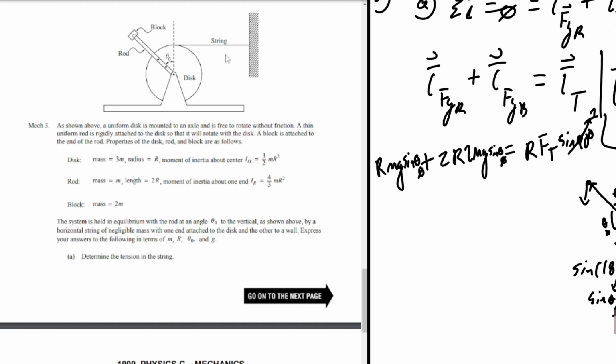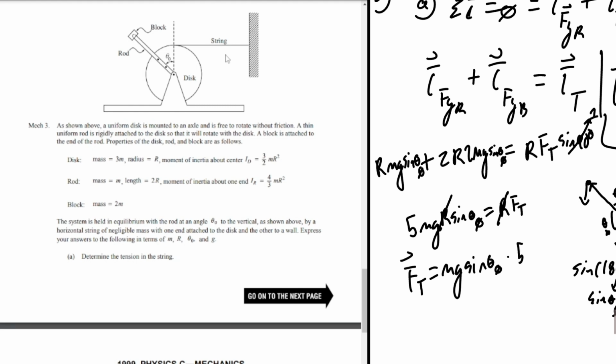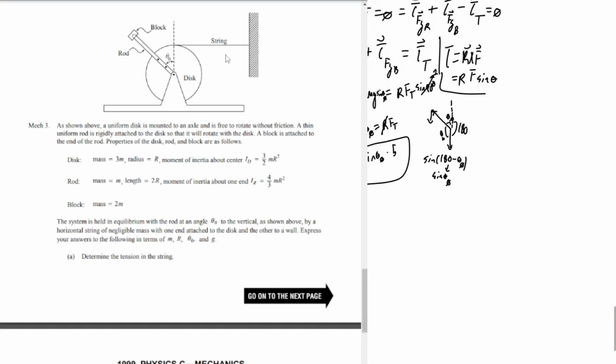Now I'll combine like terms. 2 times 2 gives me 4, 4 plus 1 is 5, so I get 5 mgr sine theta naught equal to r F_T. Cancel my r's and say F_T equals 5 mg sine theta naught. Great, force tension done.